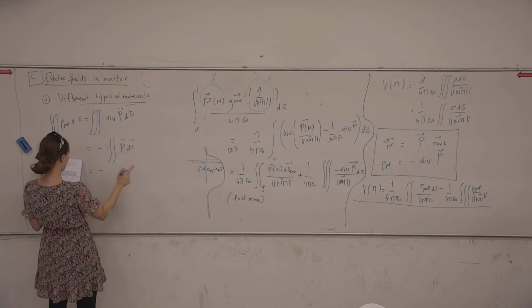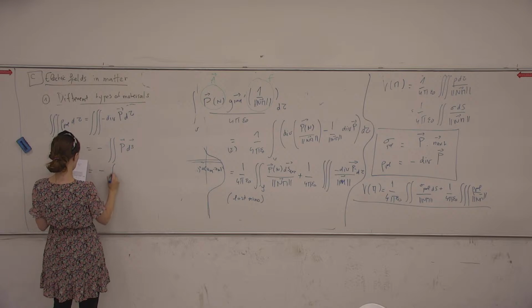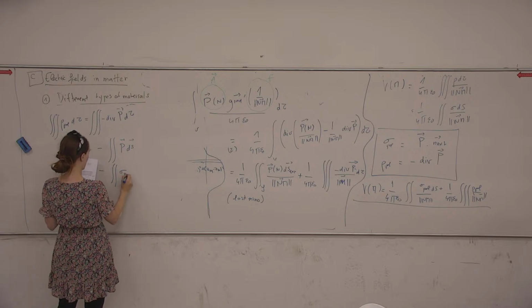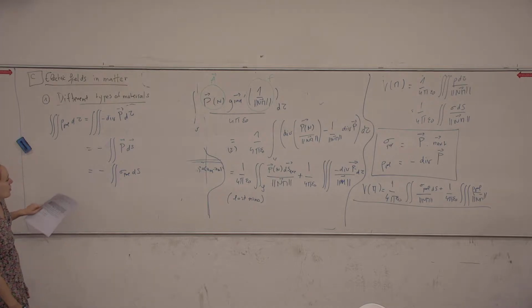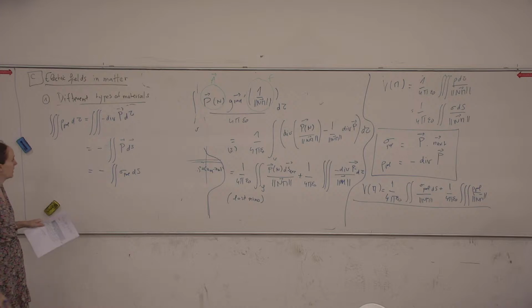By the definition of sigma_pol, this is minus the integral of sigma_pol dS. So the sum of them is 0. Which is good news because overall, the polarization led to some surface charges and volume charges, but overall the dielectric is neutral. So we're okay.